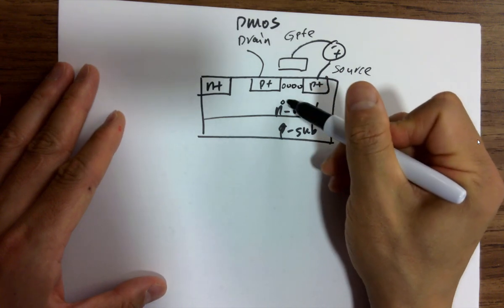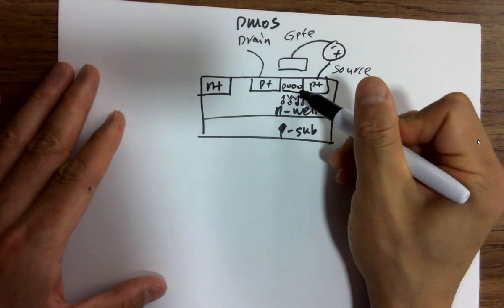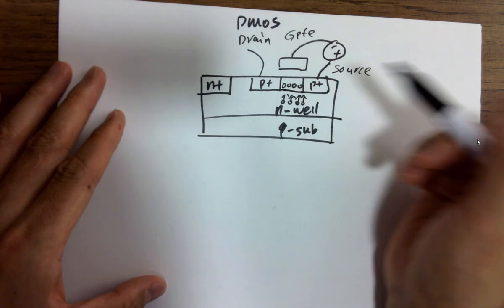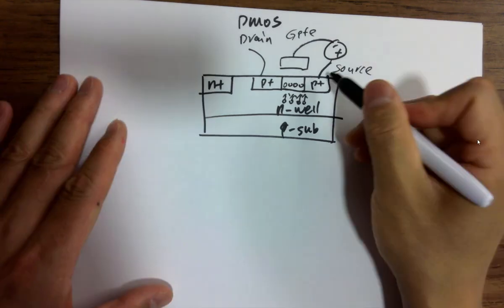So holes are coming up. But just the concept, you know that holes are not moving, right? It's basically electrons being expelled from the channel, which seems like the holes are moving. So we just treat it as the holes being attracted to the channel and forming a channel of holes.